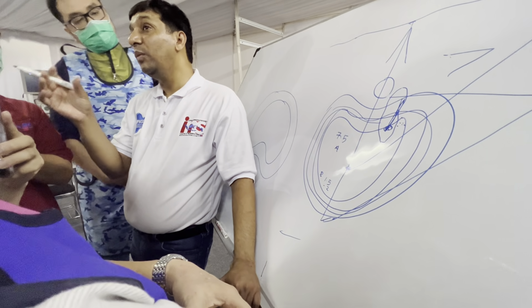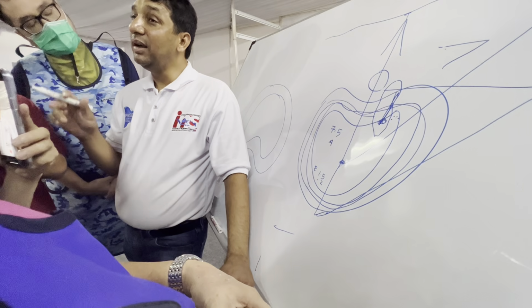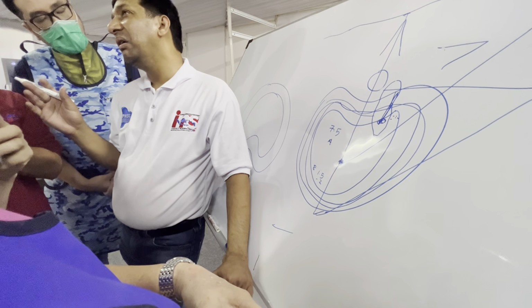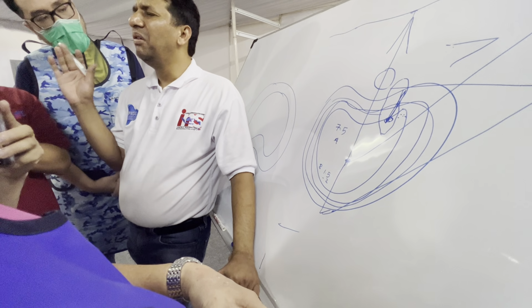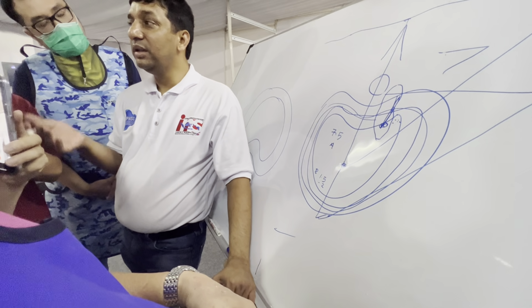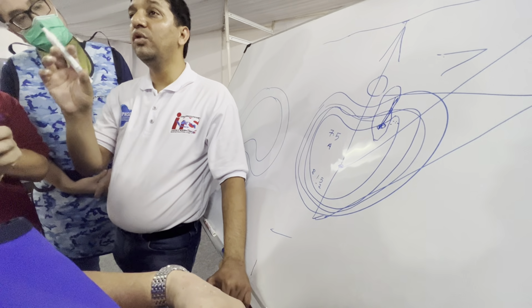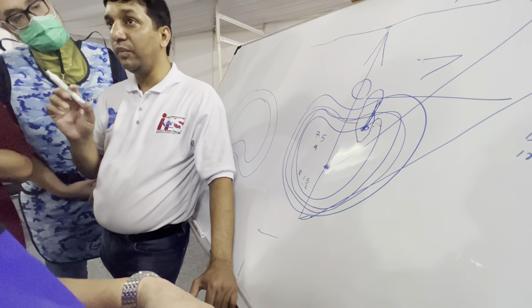All possible free fragments you have to remove. Otherwise you will hear from everyone that transforaminal endoscopy has a very high recurrence. But my friend, you have not removed the free fragment which is already there. So you have to remove the herniation and the free fragment also.